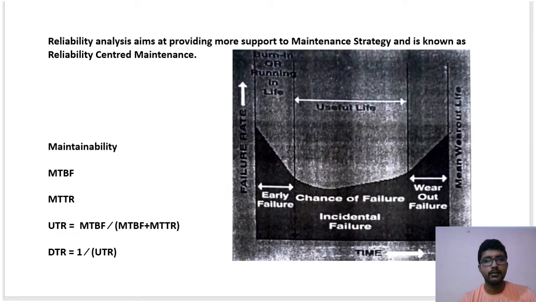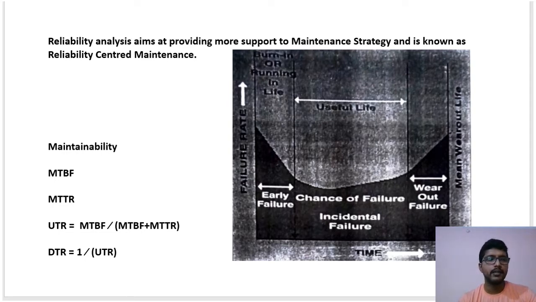The failure rate is reduced, and you can see that initially there are larger failure rates, and it decreases and becomes constant. This is the useful life. And after some time, when aging has reached the equipment, the failure rate increases. So the pattern of the curve is like this.